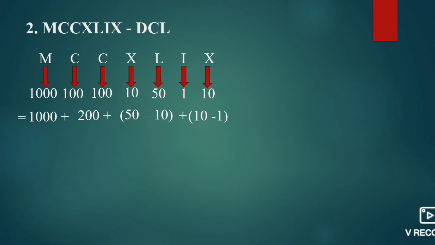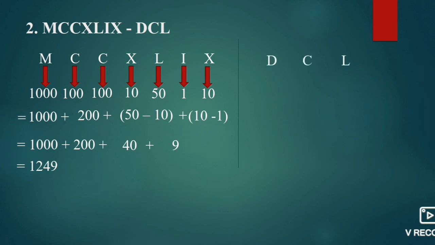Simplifying, 1000 plus 200 plus 50 minus 10 is 40, plus 10 minus 1 is 9. Adding together, we will get 1249.